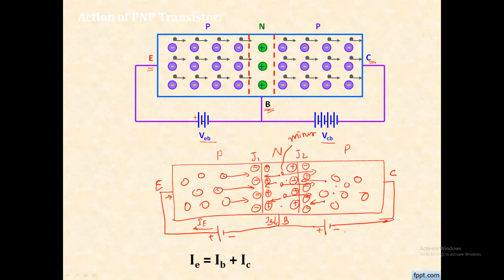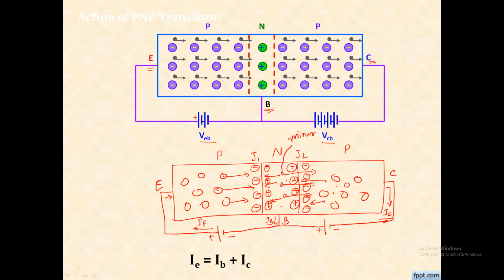So the collector current, as the electrons will move in this direction, will flow in this way, exactly opposite to the movement of free electrons. So if you see, in this case the emitter current is the incoming current, but the base current and the collector current are the outgoing currents, exactly reverse.